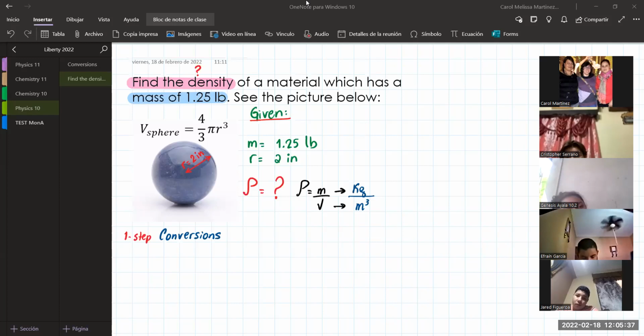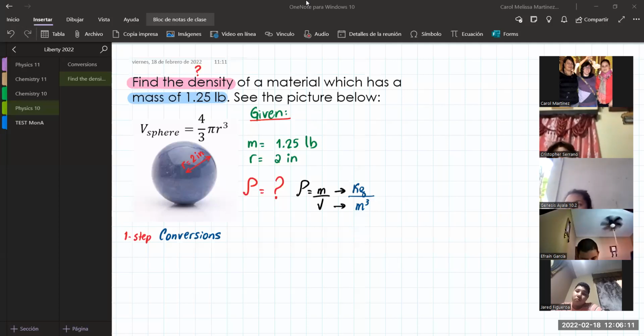Do we need to perform a conversion? Yes, we need to do 2 conversions: pounds to kilograms and inches to meters, not cubic meters.